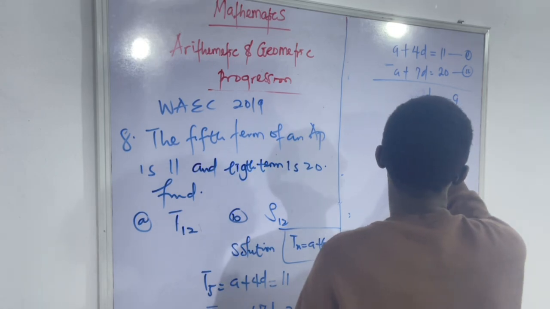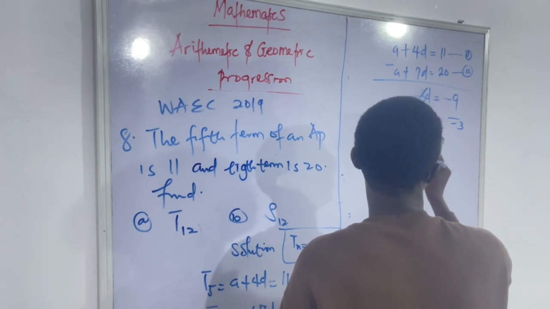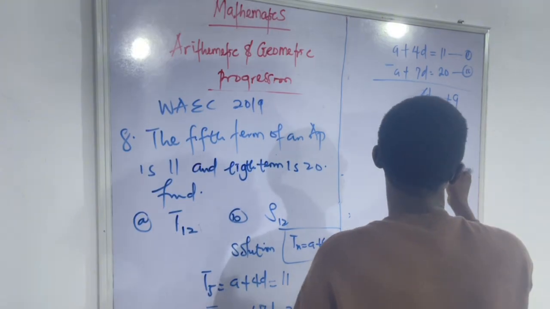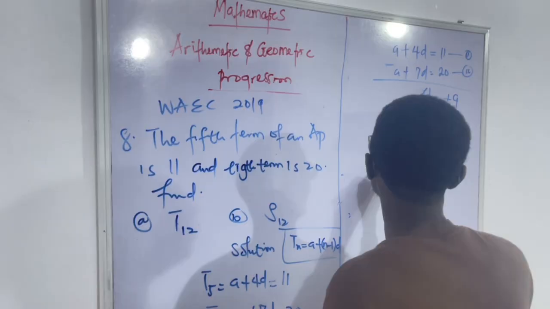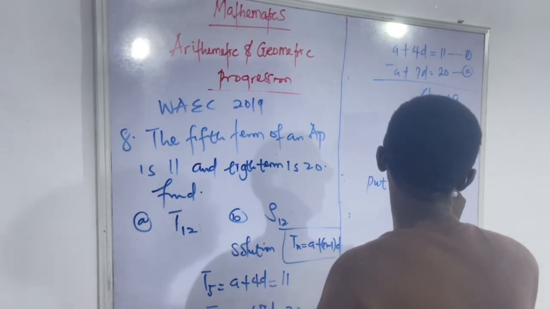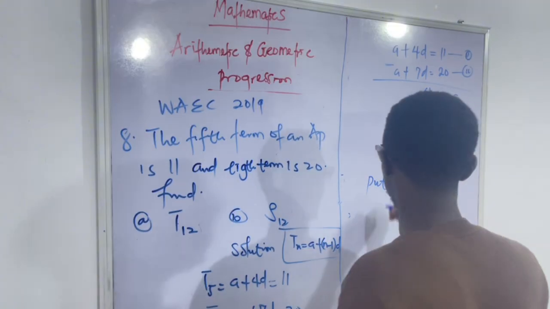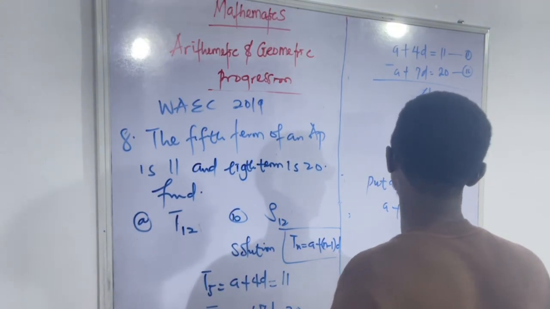You can divide both sides by minus 3. So D equals 3. So our common difference is 3. We can put D equals 3 in equation 1. So equation 1 is A plus 4D equals 11.